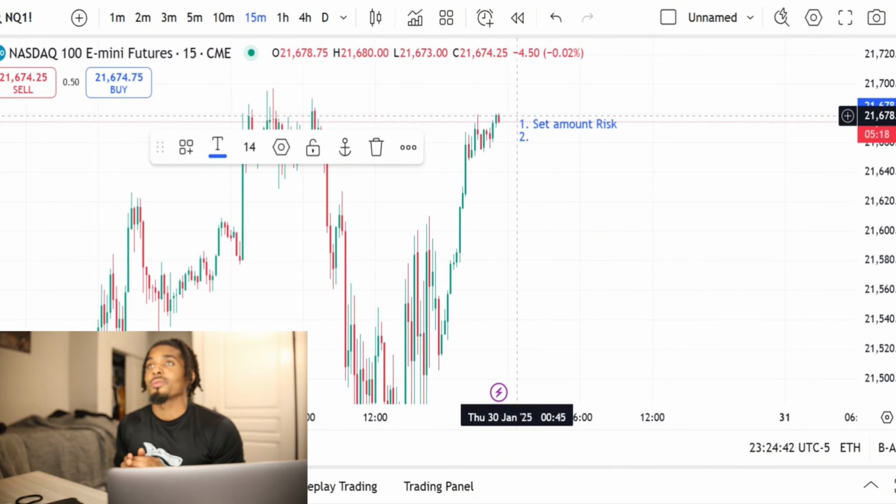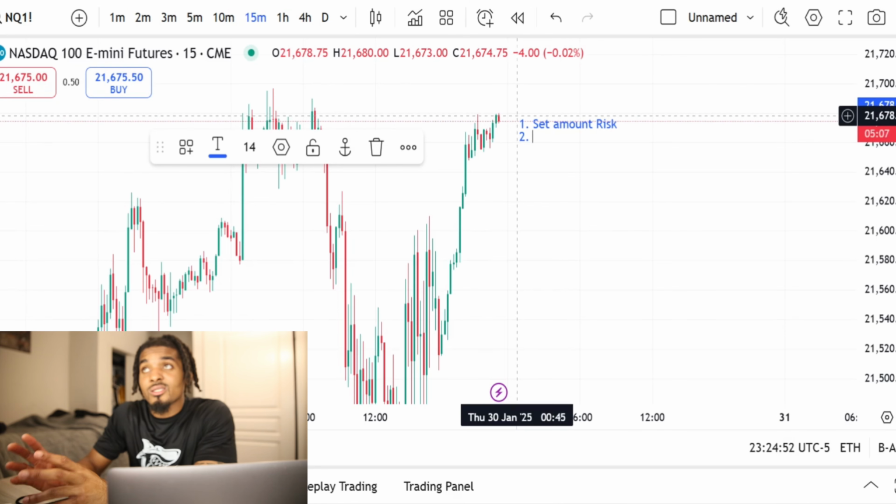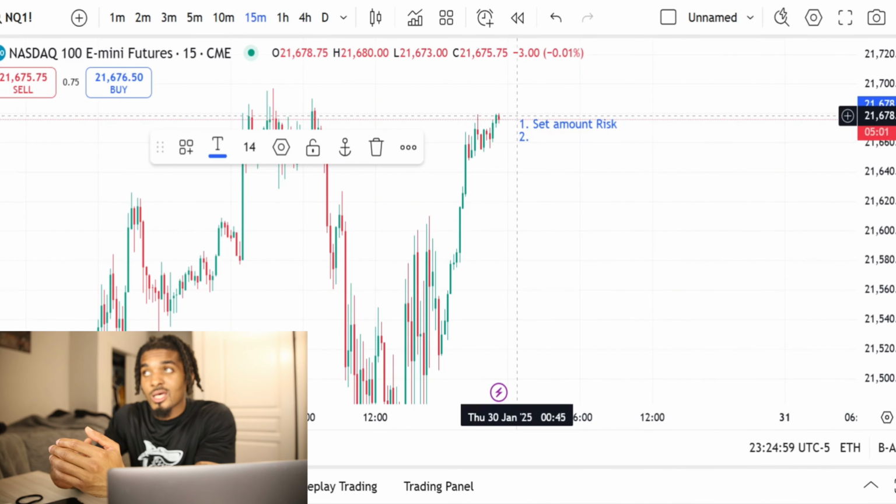Number 2, you want to know what setups are your A+ setups. Usually you're going to have one, and the setup is when you see this on this time frame, and then you go down to a lower time frame and you see this confluence, and you stack these confluences on top of each other.